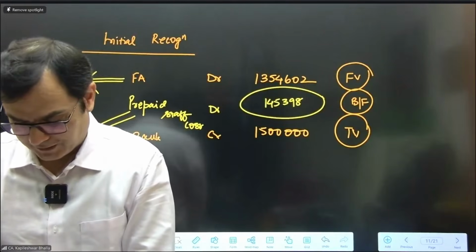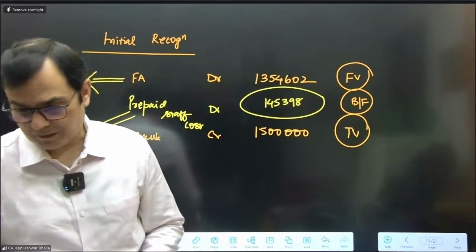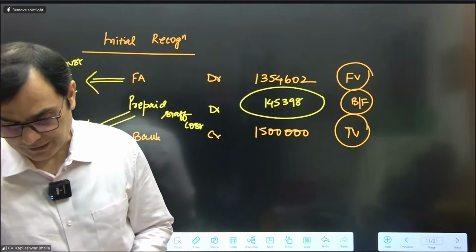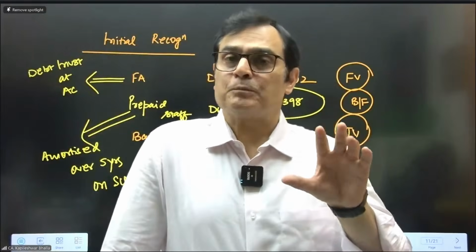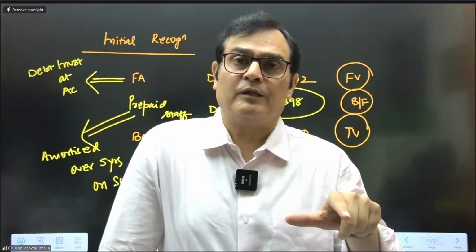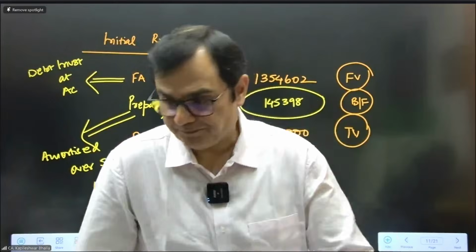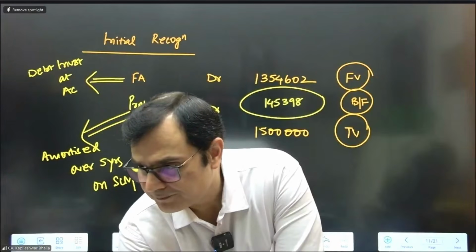You're absolutely correct, because once you get the initial recognition, it's not a very difficult deal at all. Okay. So one special issue in terms of difference in transaction value and fair value is done. Let's go to the next one. I'll share another question out here.